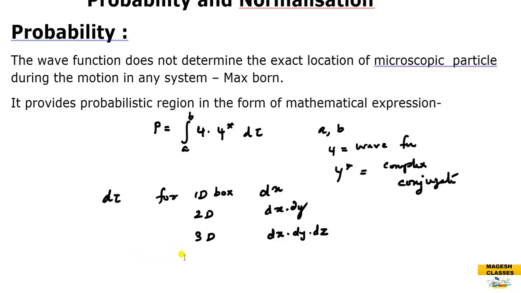For the hydrogen-like atom, in polar coordinates, the d tau is considered as r squared dr sine theta d theta d phi.